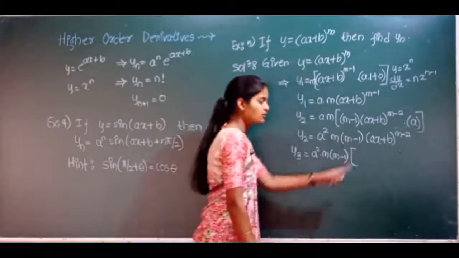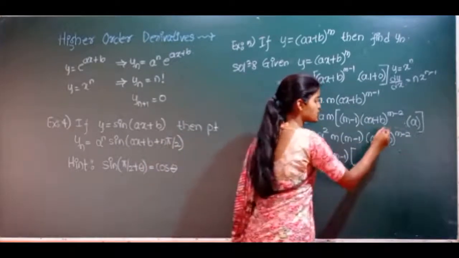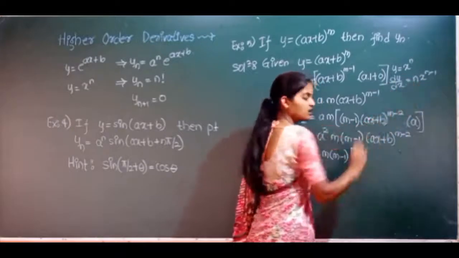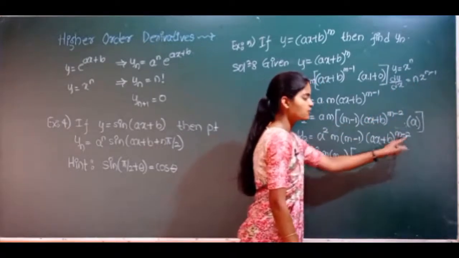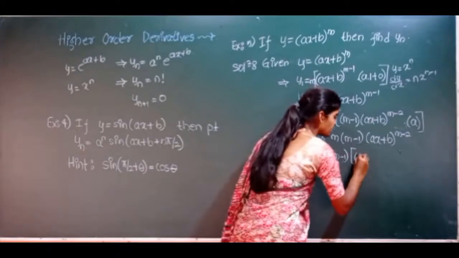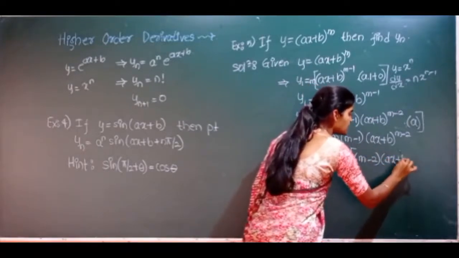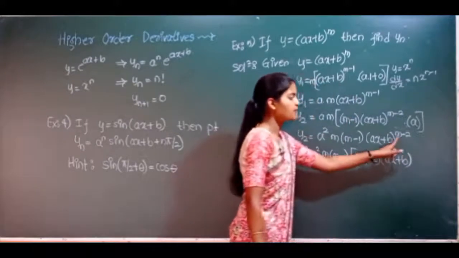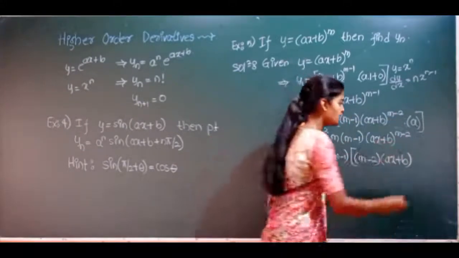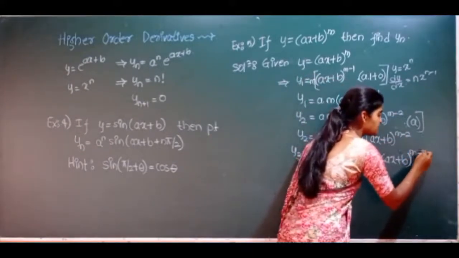Now the power is m minus 2. Since x raised to n differentiates to n into x raised to n minus 1, in place of n we have m minus 2, that is m minus 2 into ax plus b raised to m minus 2 minus 1, that is m minus 3.